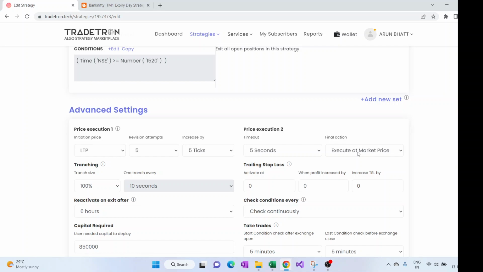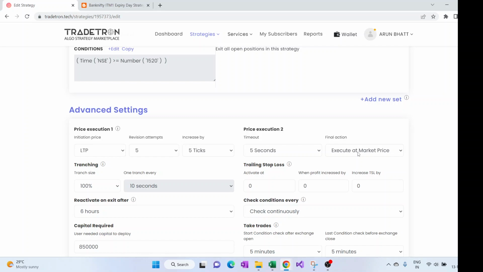So say on the expiry day, Fin Nifty options or any options will be low in price, especially Fin Nifty or Nifty. If the Fin Nifty option is trading at 30 and its price moves beyond 5%, 5% of 30 is around 1.5, 1 rupee 50 paisa.